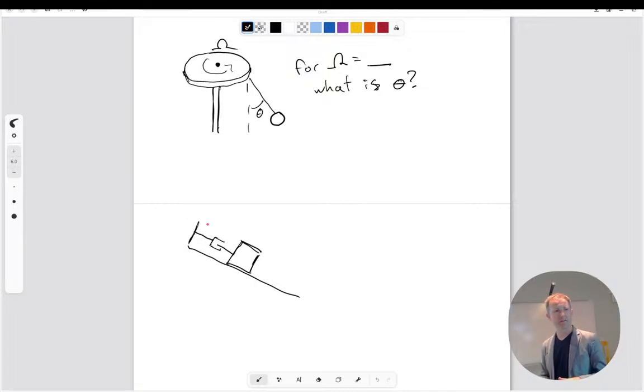Anything else come up? What else were you looking at? This is more of a variation, but if you have the block on a ramp, you could make it a reference frame problem by saying you solve for the angle the ramp moves, and then you have to figure out the reference frame. Oh, so if this is, I know last time we called it theta, but I'm going to call it alpha.